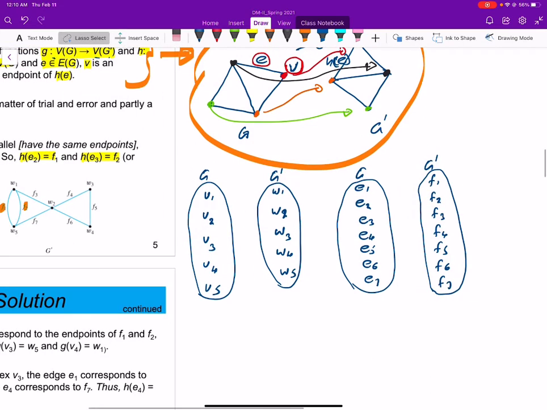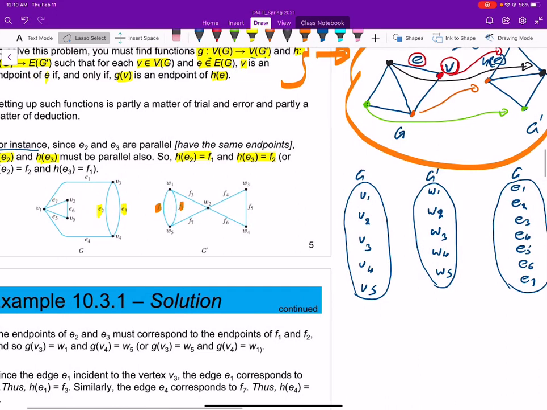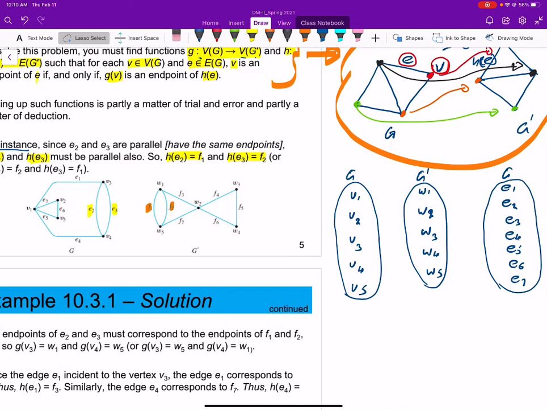Alright, so I have the sets now. Now I'm going to represent them. I already found this: E2 will map with F1.